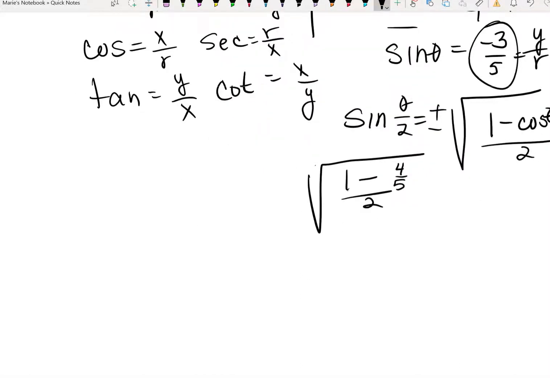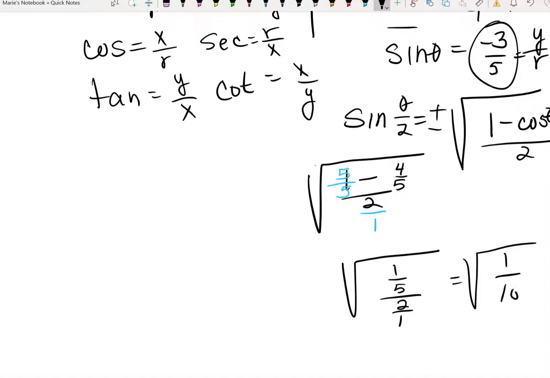If we complete this denominator by multiplying top and bottom by 5 over 5, and remember, that 2 is 2 over 1, we end up with the square root of 1/5 over 2 over 1, which results in the fraction square root of 1/10.